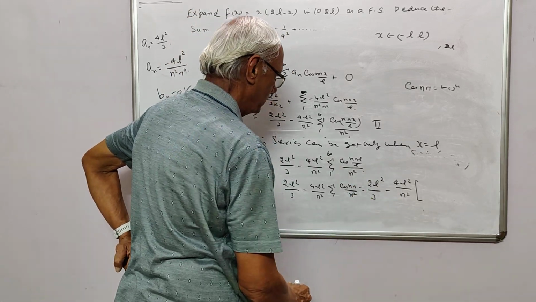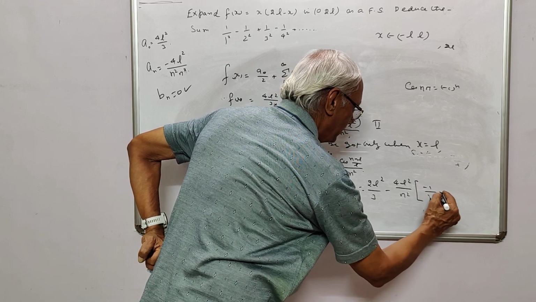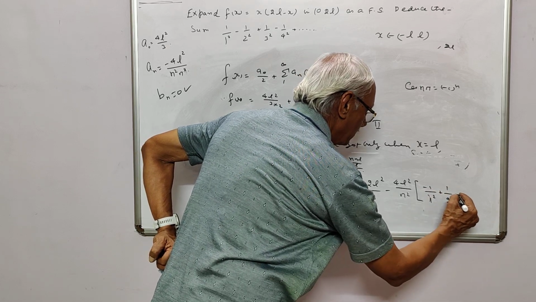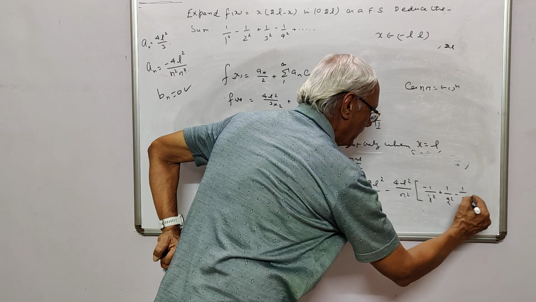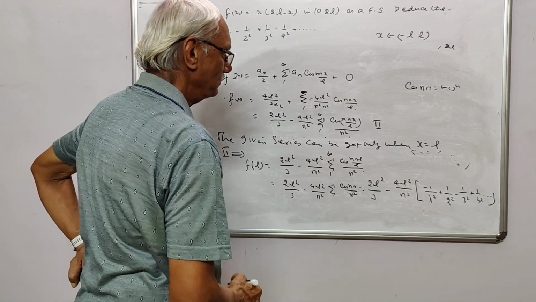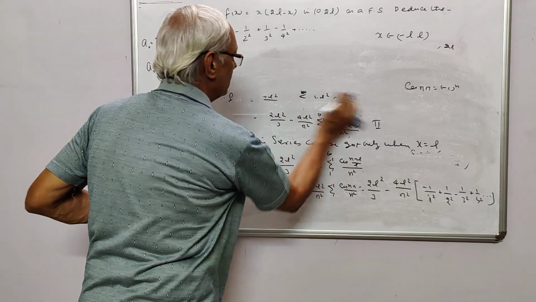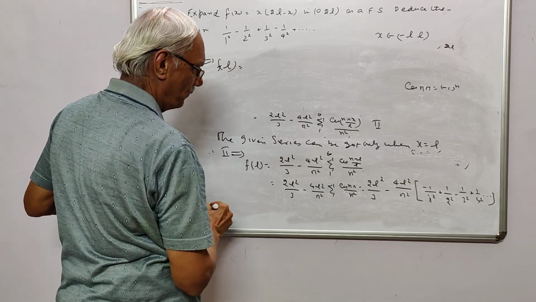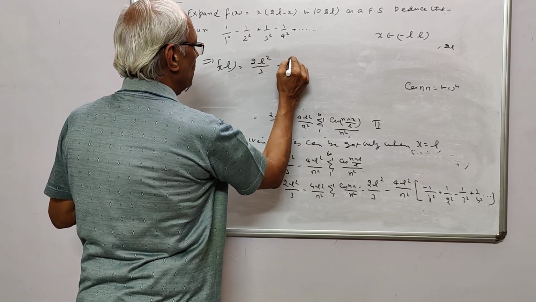When you give n is equal to 1, it is minus 1 by 1 squared. n is equal to 2, 1 by 2 squared. n is equal to 3, minus 1 by 3 squared. n is equal to 4, 1 by 4 squared, dot dot dot. So f of L is equal to 2L squared by 3 minus 4.